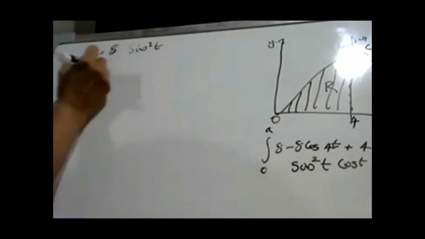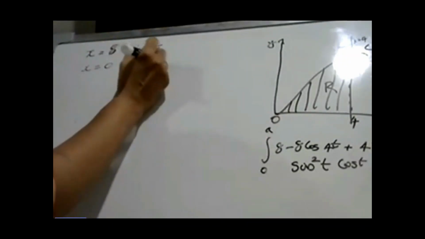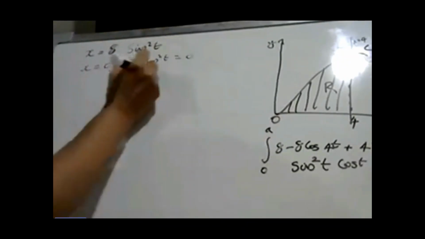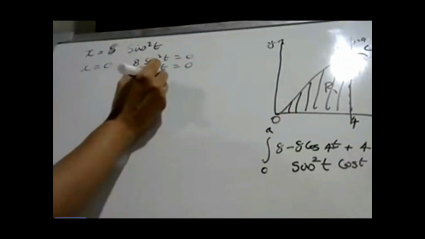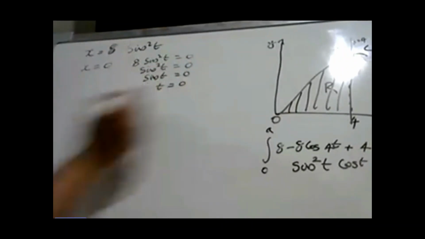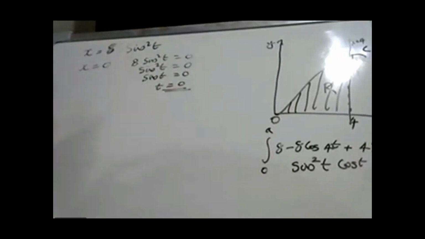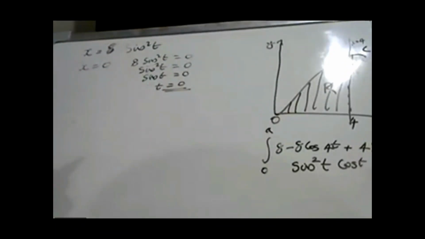So when x is equal to 0, 8 sin squared t is equal to 0, or sin squared t equals 0, which implies that sin t equals 0, or t equals 0. So when x is equal to 0, t equals 0.